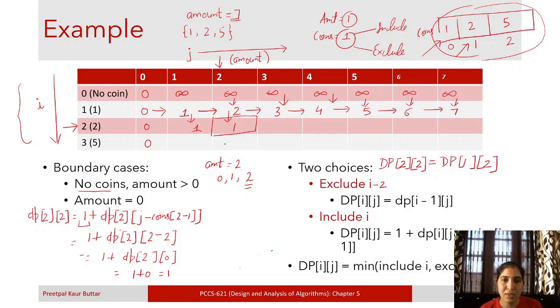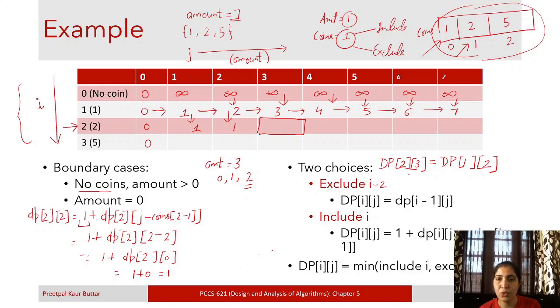So this is solved now, and now let us move to this subproblem. Here again, we want to make the amount equal to 3, and here you are using the 2 rupee coin. You include the 2 rupee coin or exclude it.